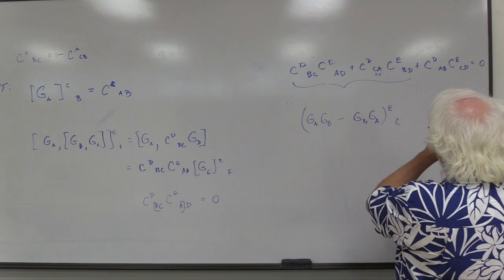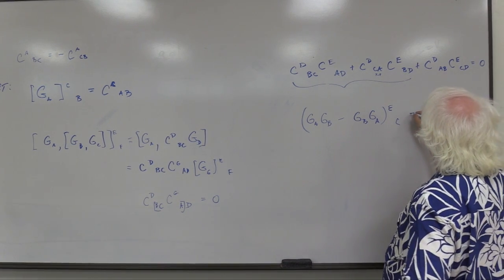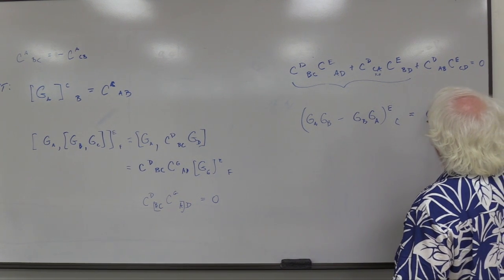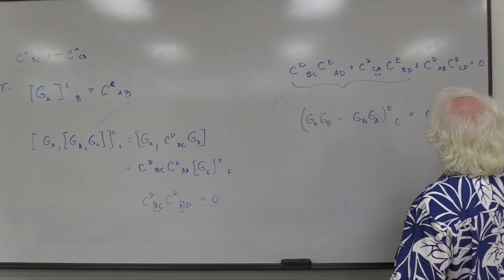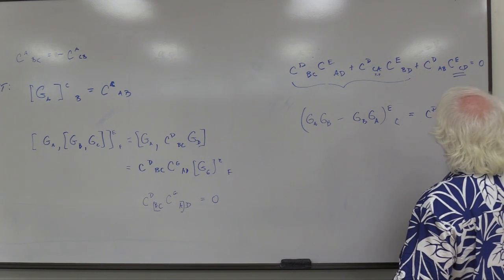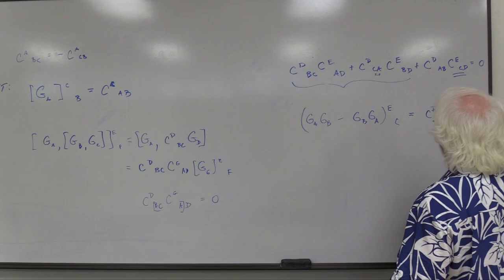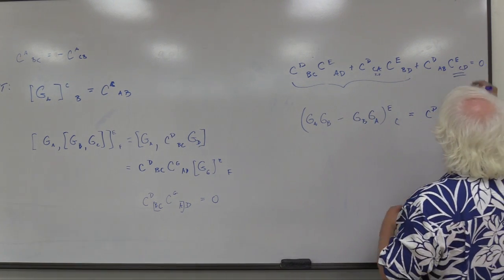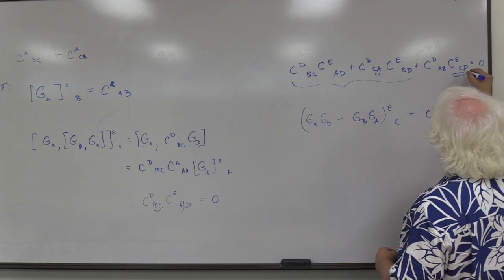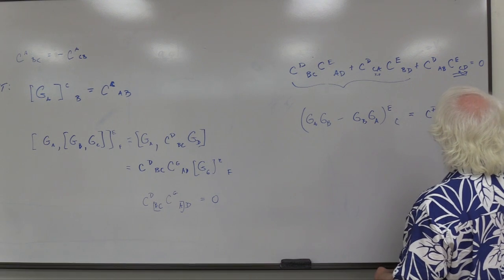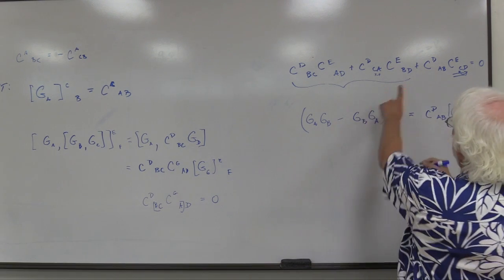Now, on the other side, what have we got? A structure constant. We leave that alone. And then this is another G_C, the E, D. Flip those. So it's G_D, but we get a minus sign.